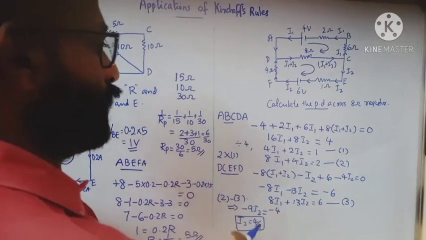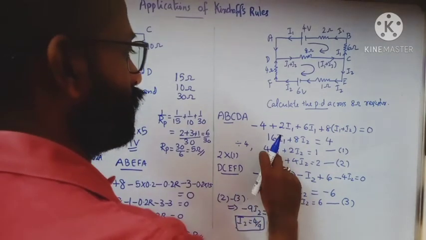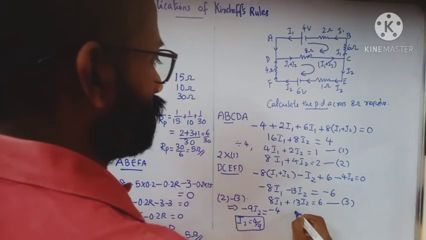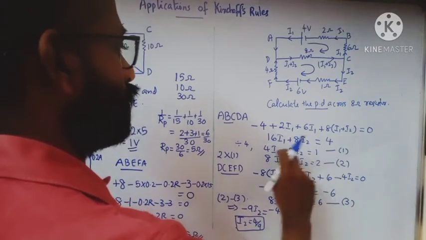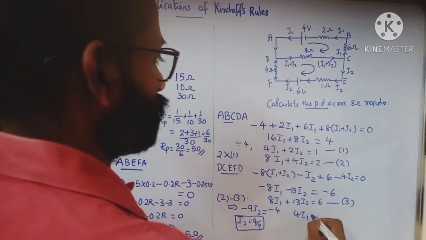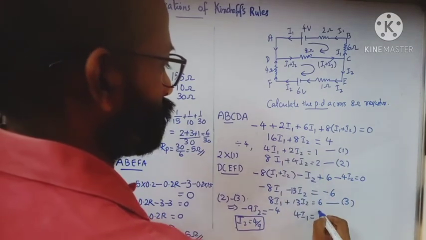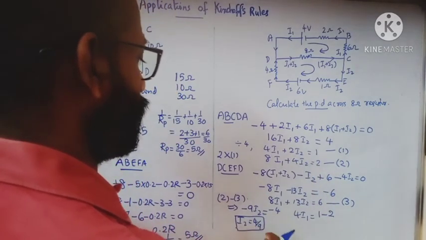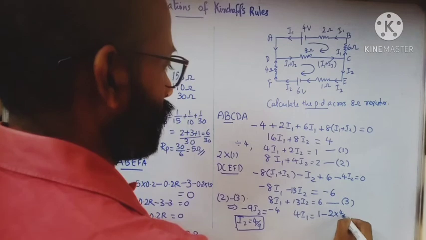Then we need to find I1. How will you find I1? See, here we have 4 I1 is equal to, take the equation number 1. 4 I1 is equal to 1 minus 2 I2. What is I2? 4 by 9. 2 into 4 by 9.